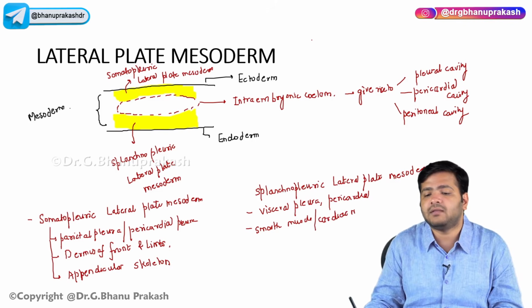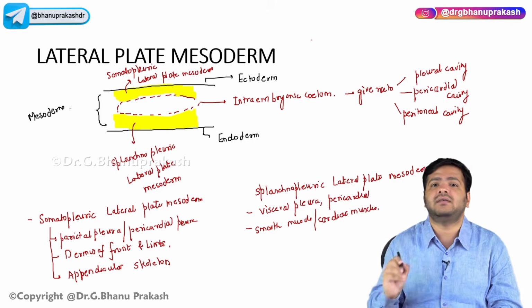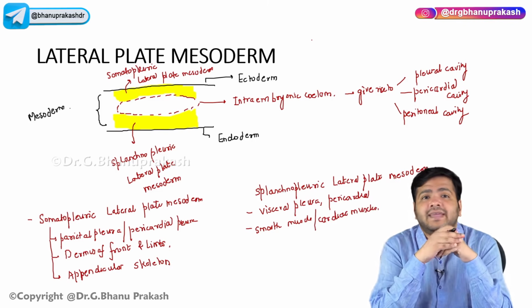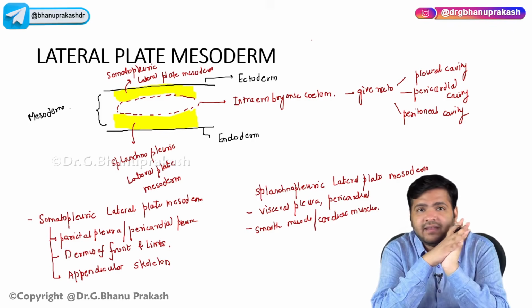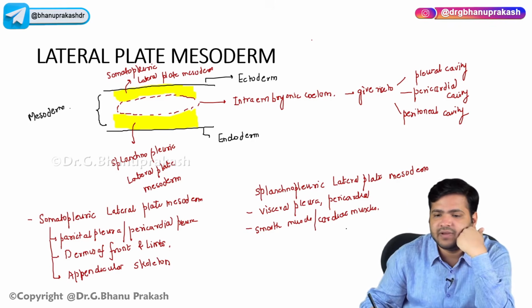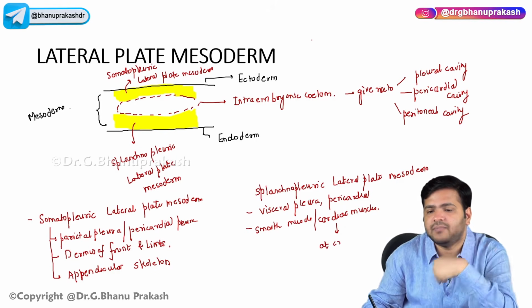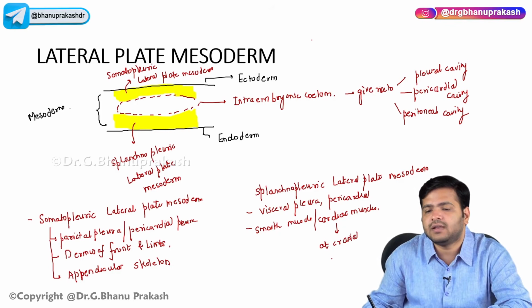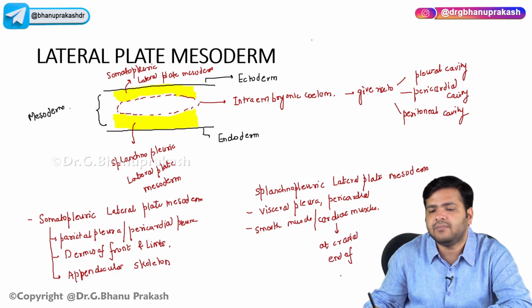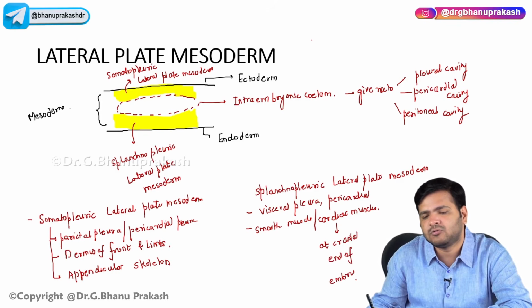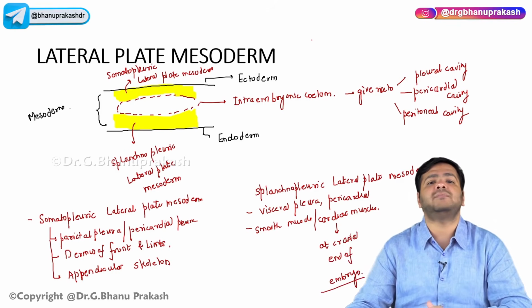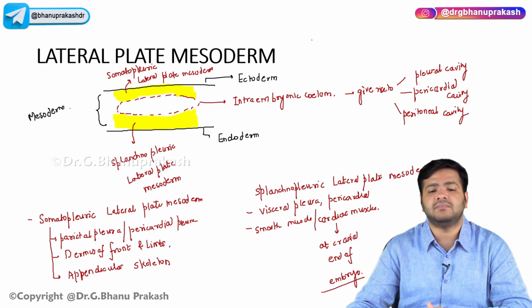Cardiac muscles are right at the cranial end of the embryo. So this was about the lateral plate mesoderm.